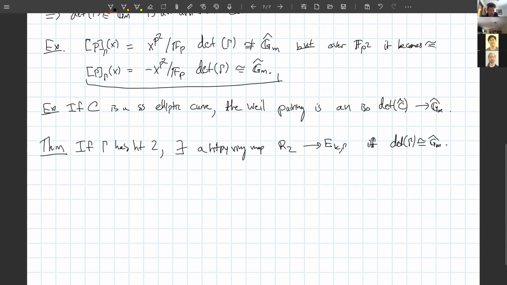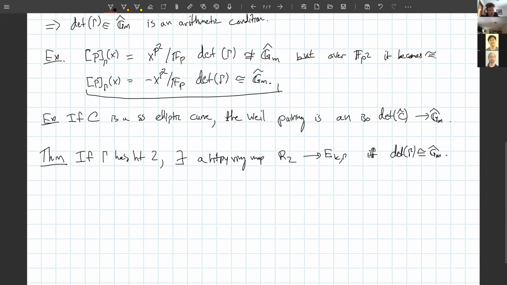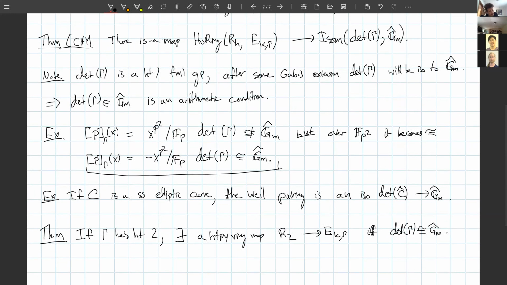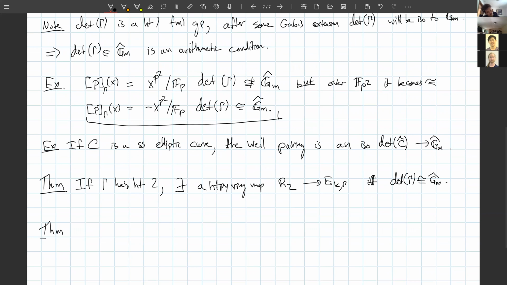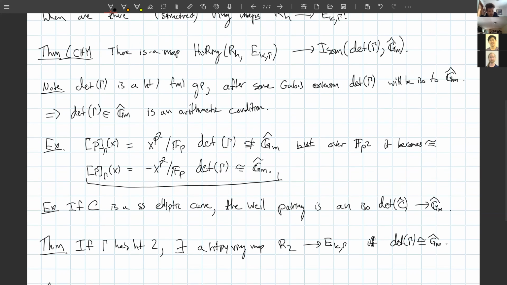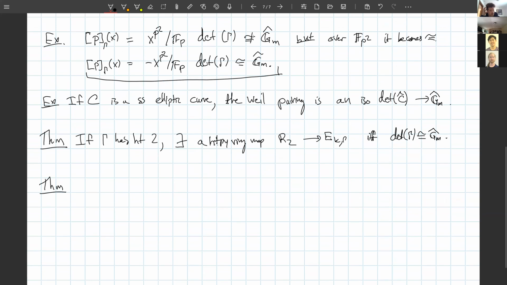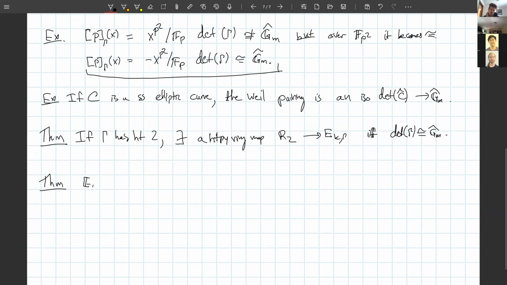In the case of an elliptic E-theory, we have a particular isomorphism from det gamma to G_m coming from the Weil pairing. So we're going to investigate just the E-infinity ring maps that respect this Weil pairing. I'll clarify that in just a second.